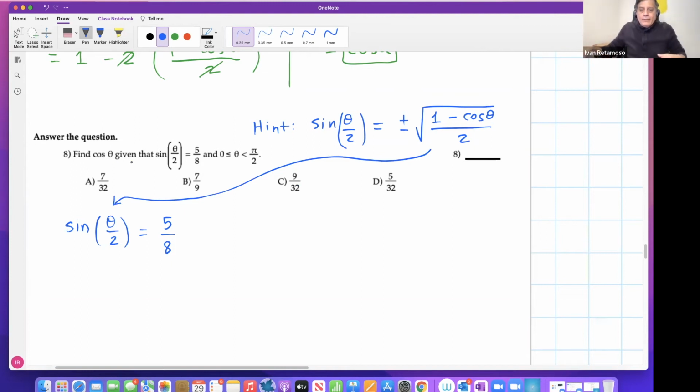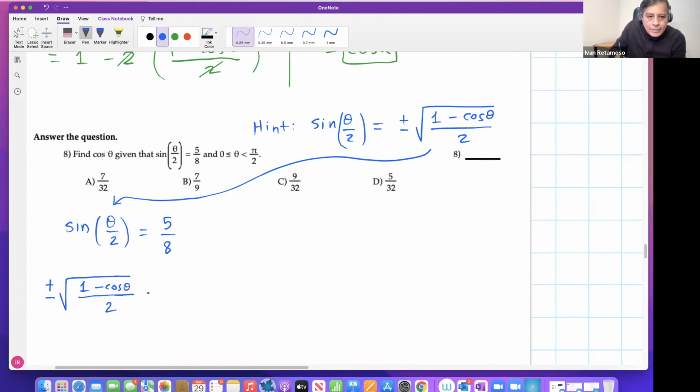That's what they're asking you to do. I will give you some time for you to do this, and then we will do it together, okay? Try this and try to figure out if you can solve this. Basically, we have to, don't forget this, solve this equation for cosine of theta.